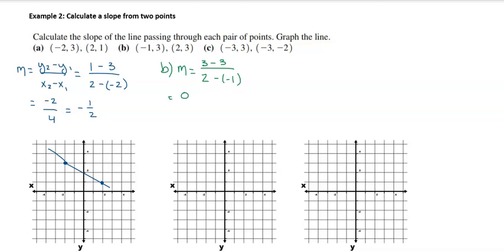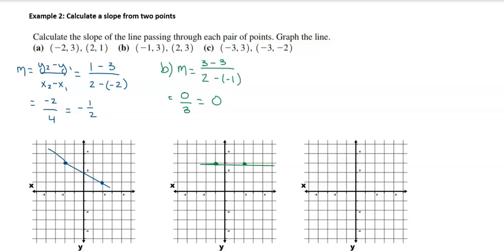So I get 0 over 3, which is just 0. All right, so let's see if this is a horizontal line, because a slope of 0 is a horizontal line. So negative 1, 1, 2, 3 right here, and then we get 2, 3, and yes, that is definitely a horizontal line.